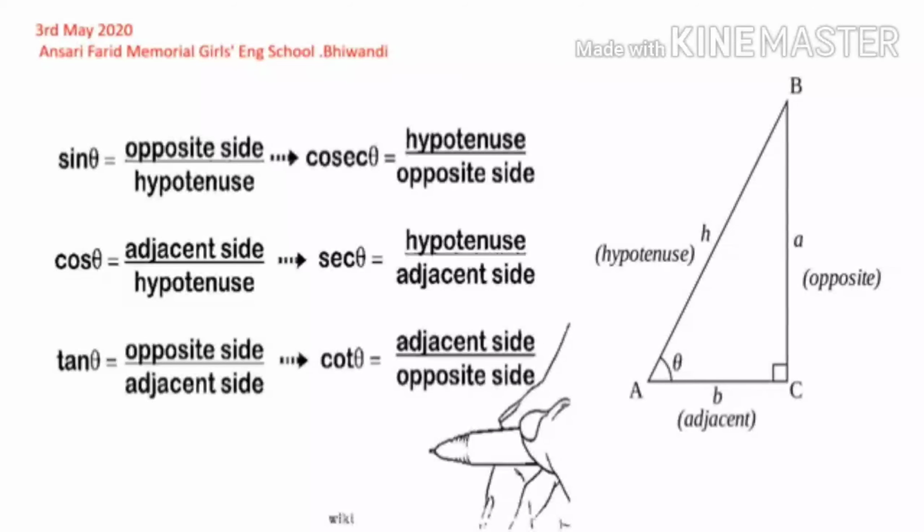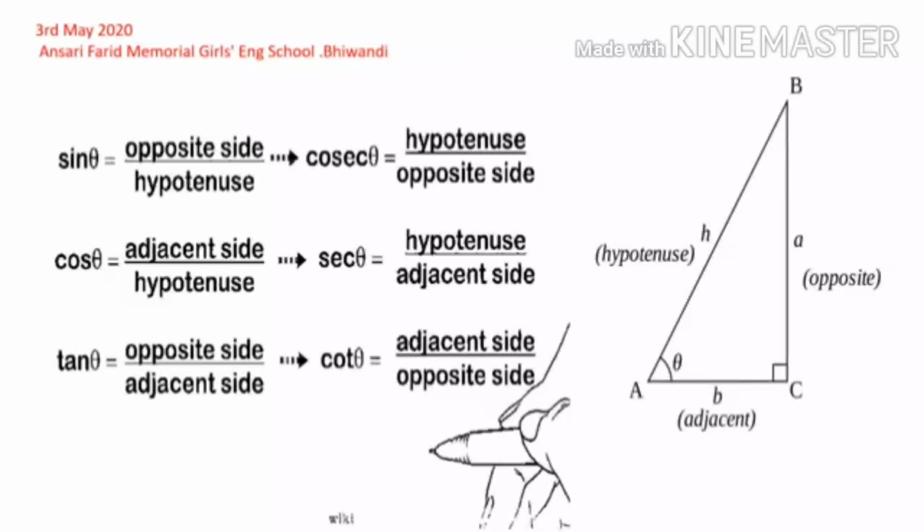The last one, tan theta, is opposite upon adjacent, and cot is the reciprocal of tan, that is adjacent upon opposite. This we saw in the previous session.